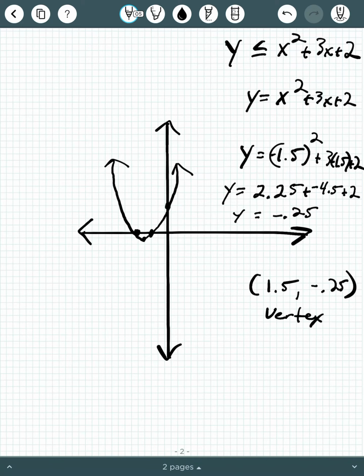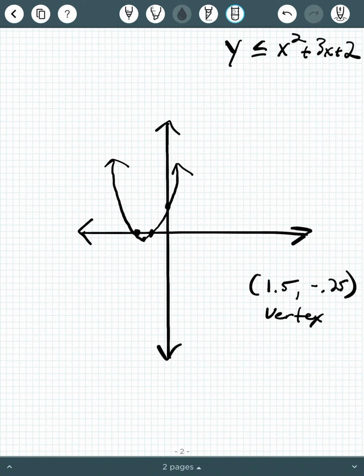All right, all that was just for the boundary line of this inequality. So we've graphed it like it was a parabola, but remember, it wasn't really an equation. We go all the way back to the beginning that we were given an inequality. Since it says greater or less than or equal to, the points on that parabola make this inequality true. We just need to decide, do we shade inside the parabola or outside?